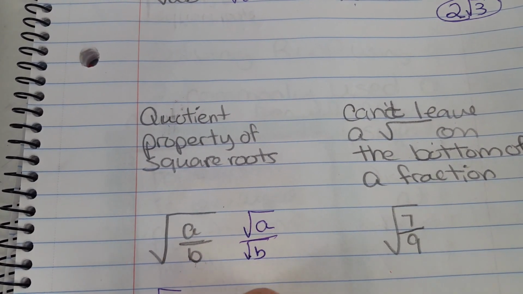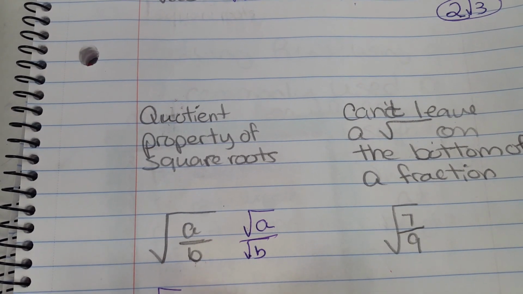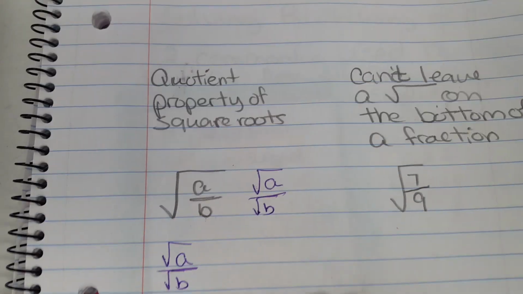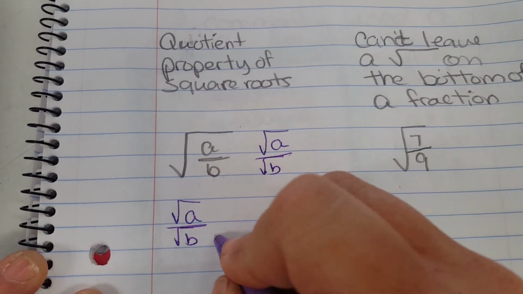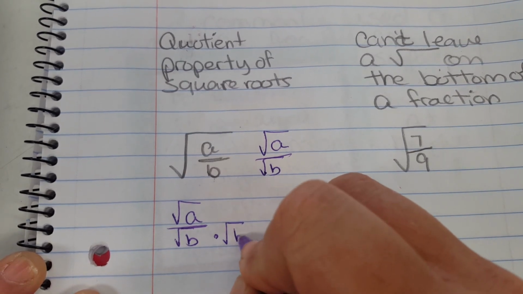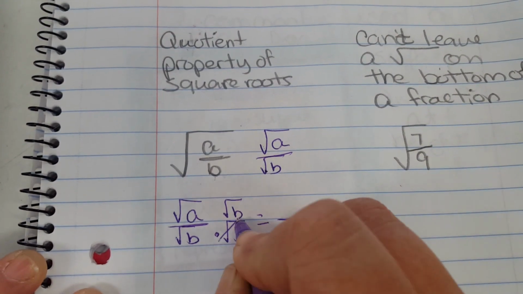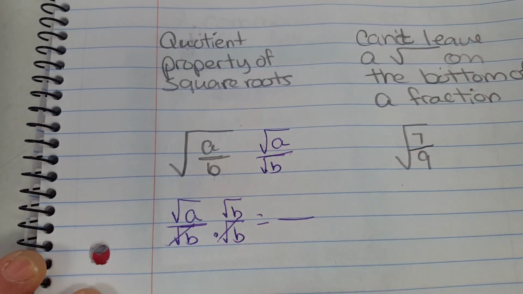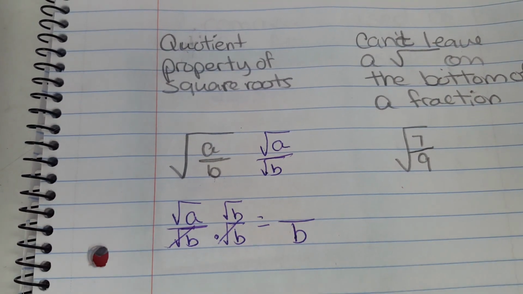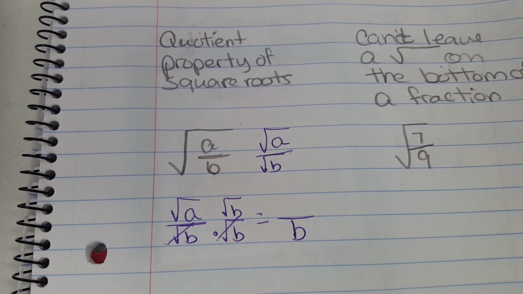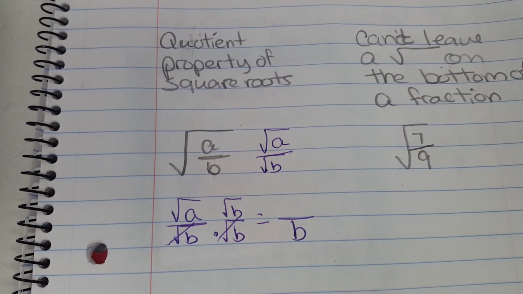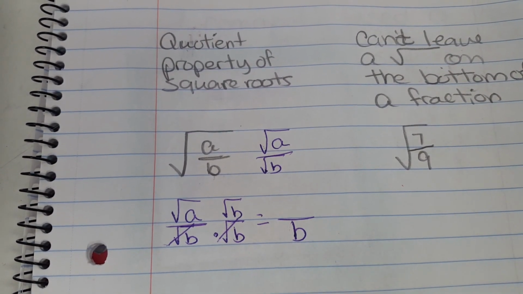So when we have that situation, we rationalize, which means we multiply by that square root on the top and bottom. Whenever you multiply like square roots, the square root sign goes away, and you have one number that is within the square root.